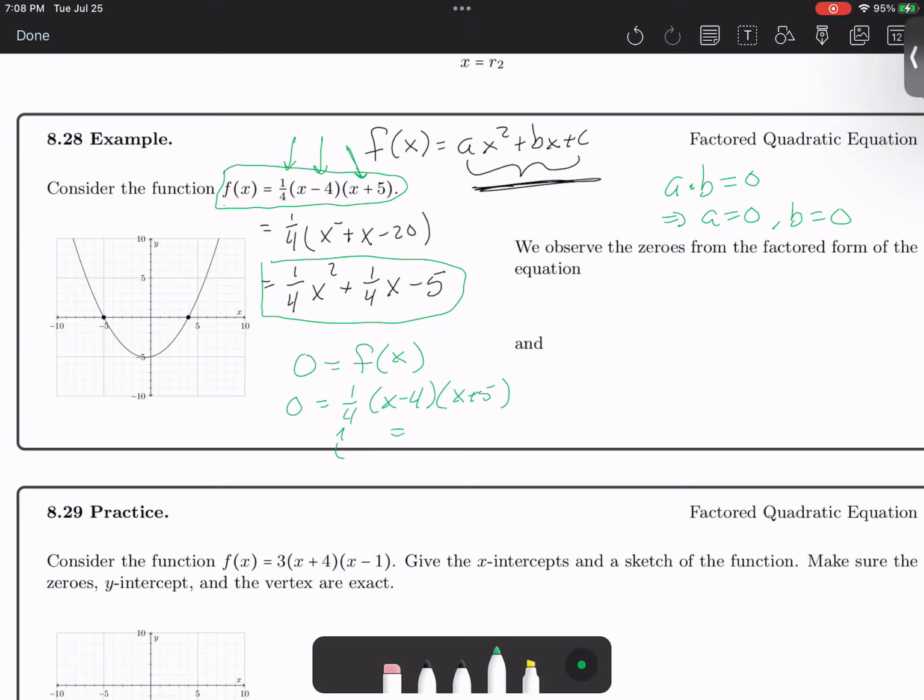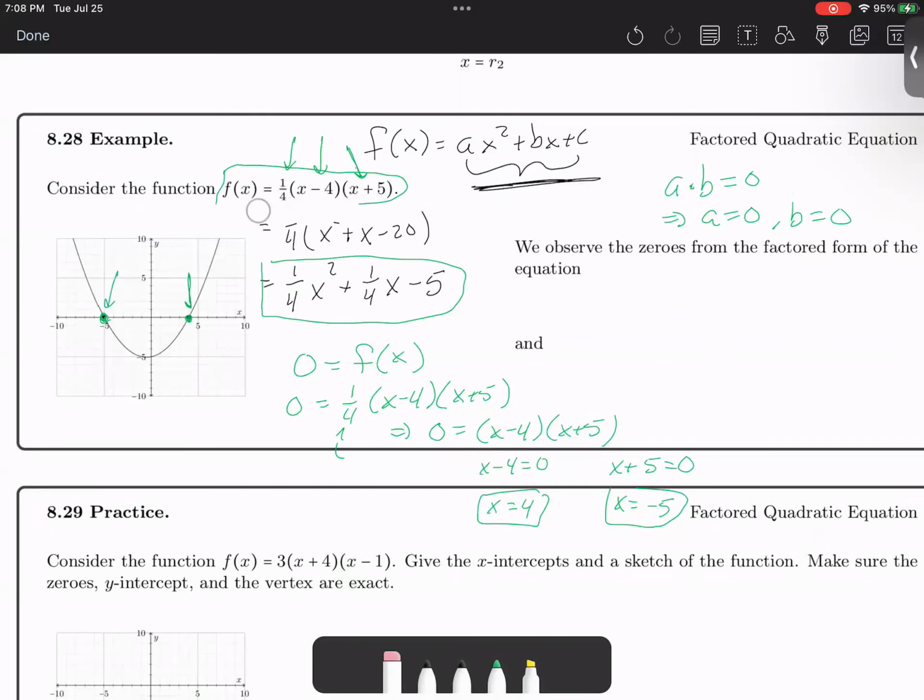So this tells me that either the x minus 4 or the x plus 5 is going to be 0, which tells me that x is equal to 4, right? That's that 0 right there. Or x is equal to minus 5. And that's my other 0.